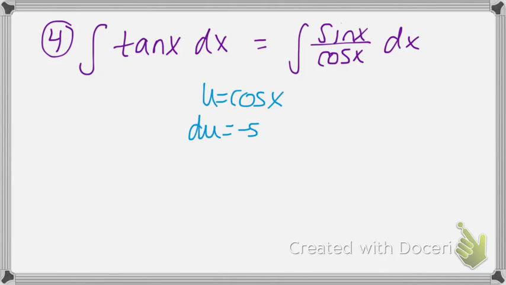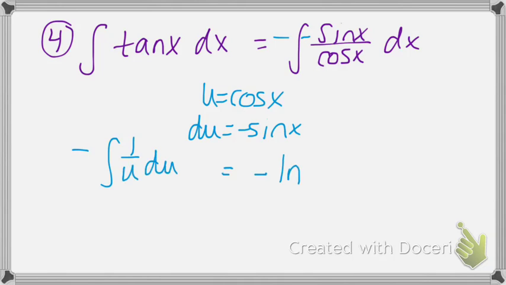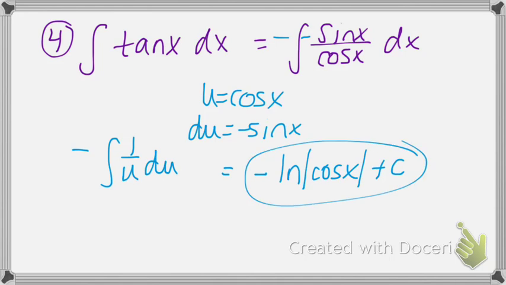So du is negative sine of x, which means all I'm missing is the negative. So we have negative integral 1 over u, which is negative natural log of u or natural log of cosine of x. So, again, we have talked about that one, but let's make sure we start memorizing that rule. Okay?